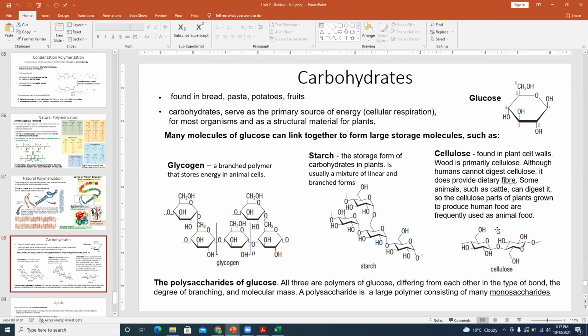You can have cellulose, which is a component of cell walls and primarily makes up wood. Although we humans can't digest cellulose, it does provide dietary fiber to us, but lots of animals such as horses and cows can eat cellulose.